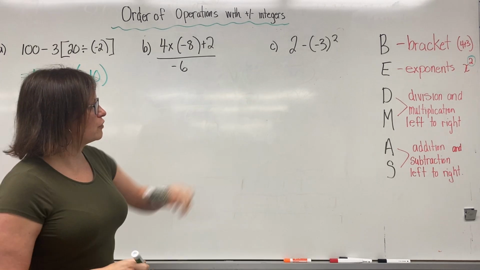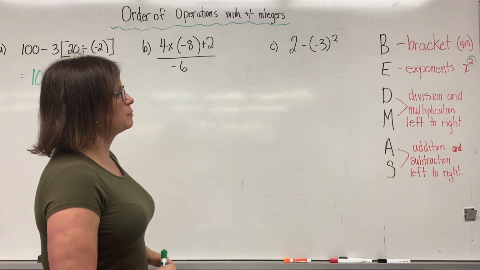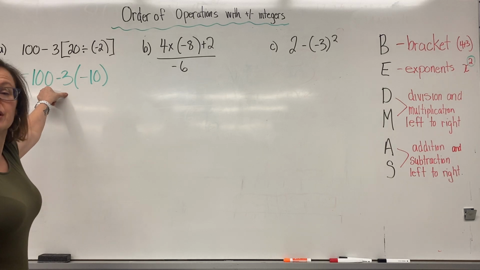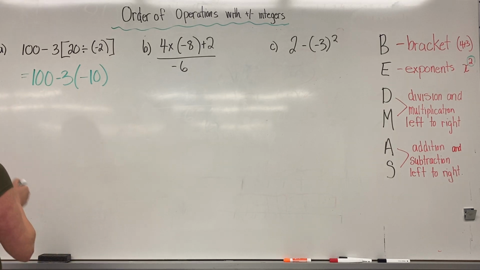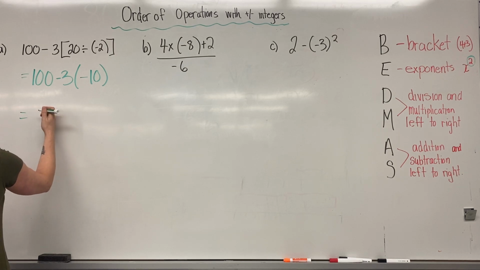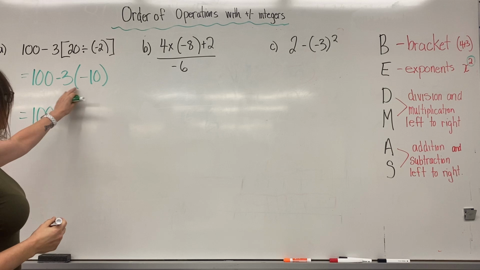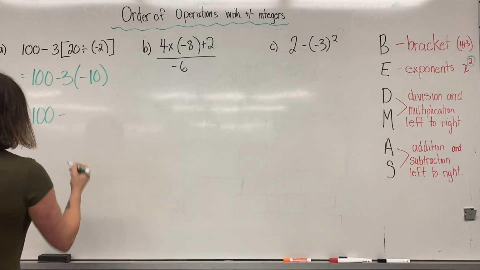All right, next on my order of operations is exponents. I don't have any of those. Division and multiplication left to right. So my first operation is subtraction. I'm going to skip that, and I'm going to move on to my multiplication operation. So the other part of my equation stays the same. 100 subtract 3 multiplied by negative 10 is negative 30.